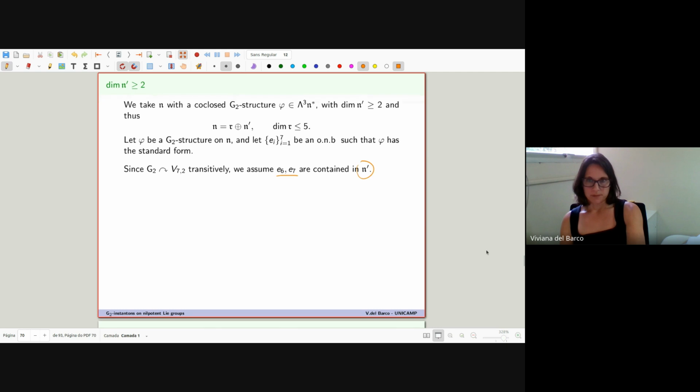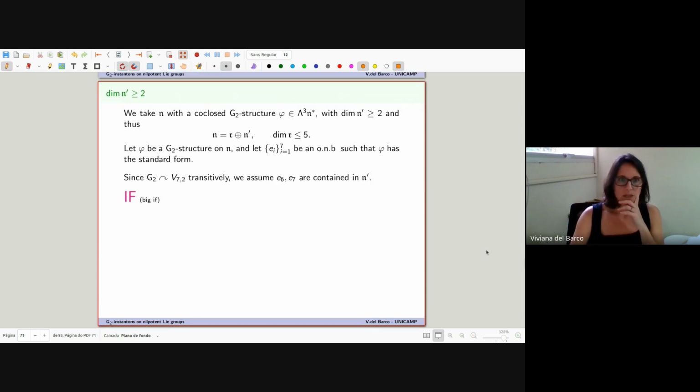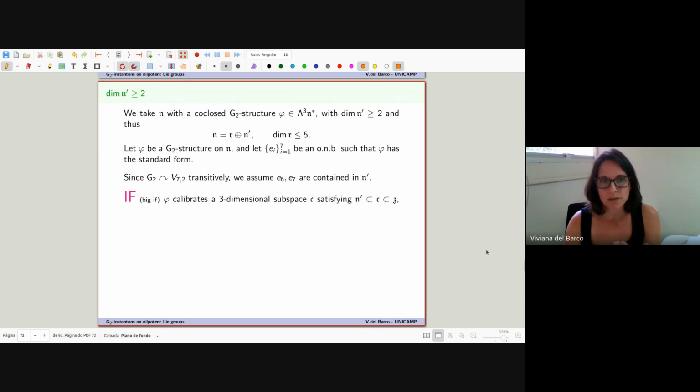So we need to proceed, and we want to find a basis that is good for both the Lie algebra structure and the G2 form. When we started working, there was an easy case to work with, well, in a sort of way, it was not easy at all, but at least it was the case that we managed to work with.